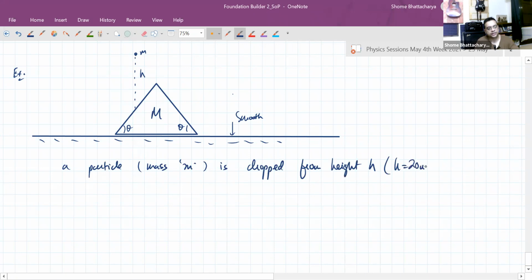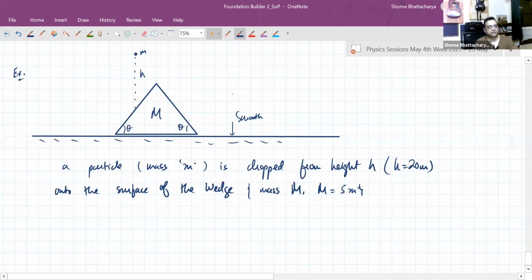Let's say that height is 20 meters onto the surface of the wedge of mass capital M, such that mass capital M is, let us say, 5 times the mass of the particle. And also this angle theta is 53 degrees.